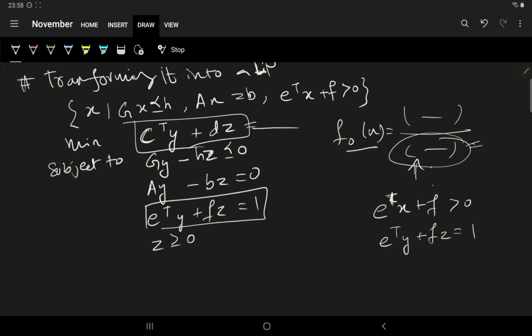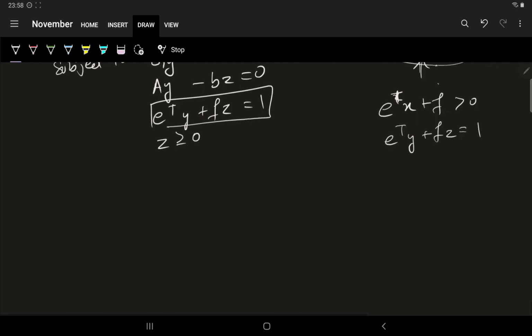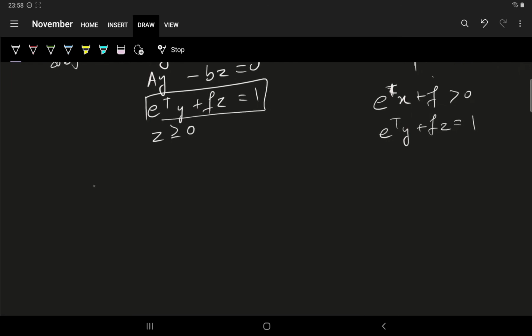This equivalence comes from choosing a particular y and a z, such that y is of this form and z is of this form.